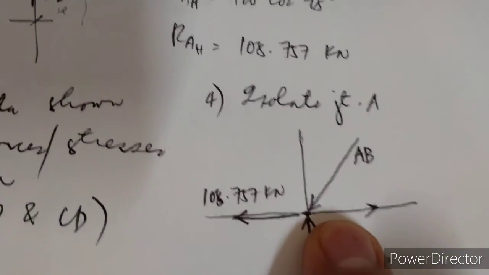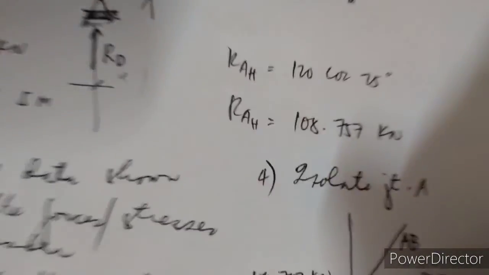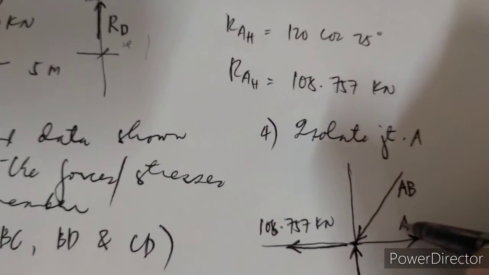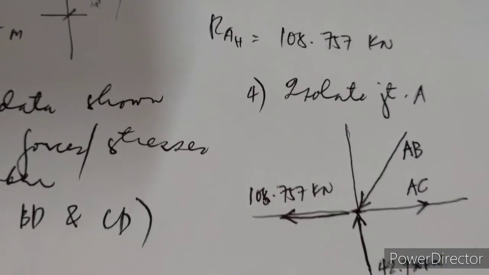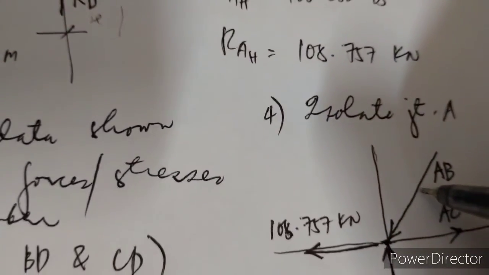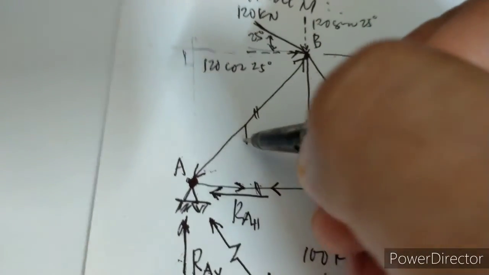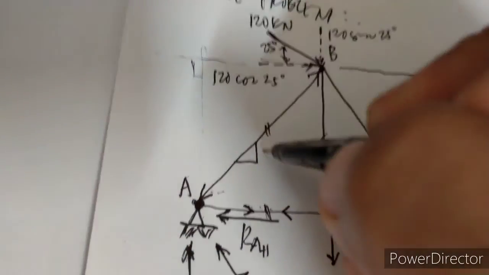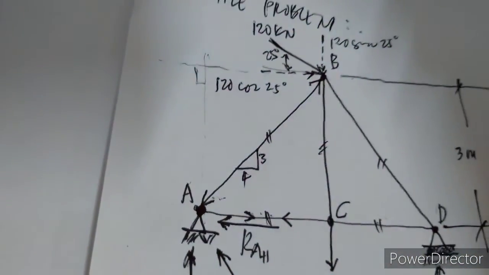So you designate this arrow to be member AC. But what will be the slope of this? Going back to the original figure, we have this is 3, this is 4.